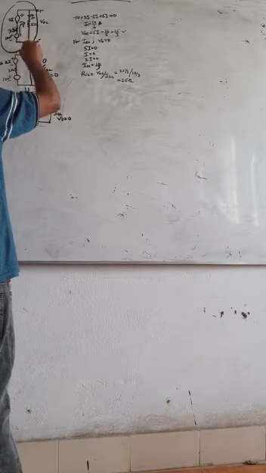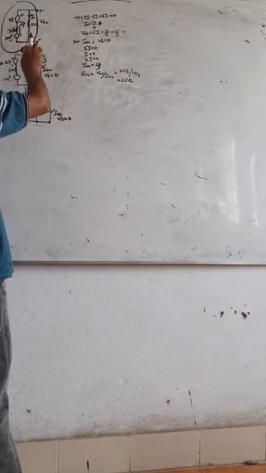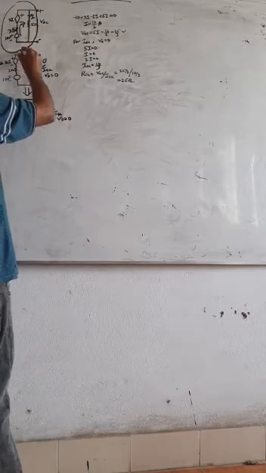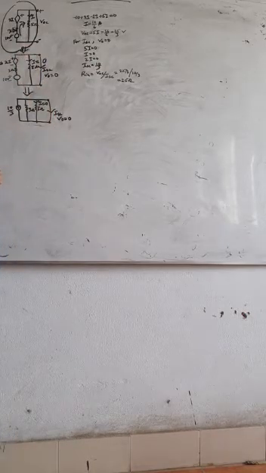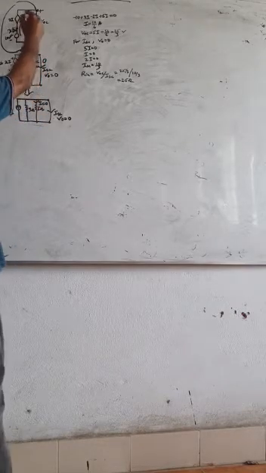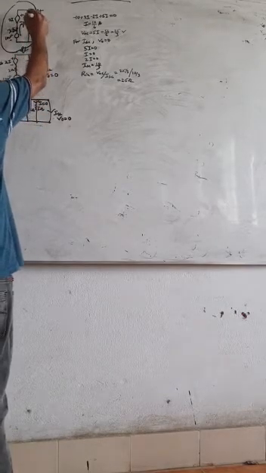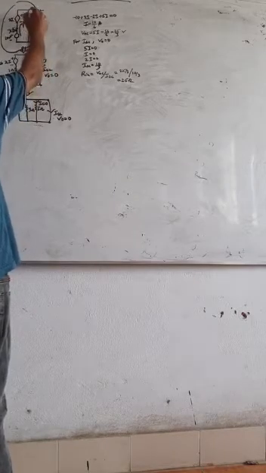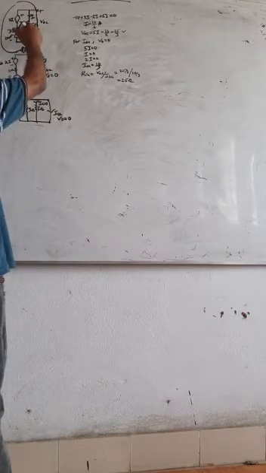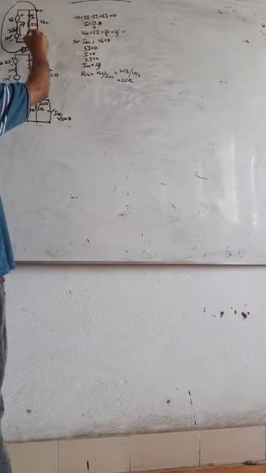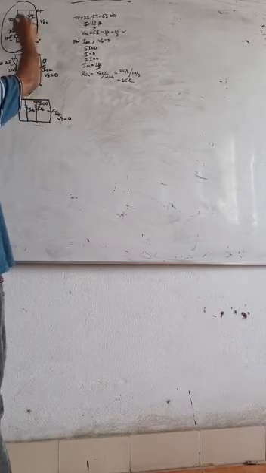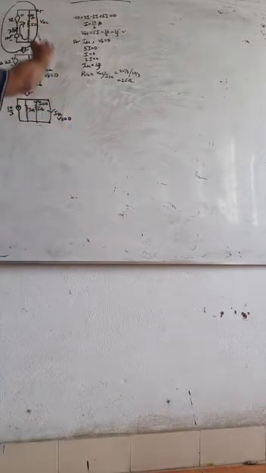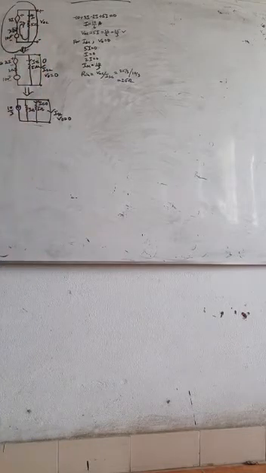In this loop, I ampere current is flowing through the 5 ohm resistance, and it flows in this direction. Because this is open circuit, no current can flow through this.